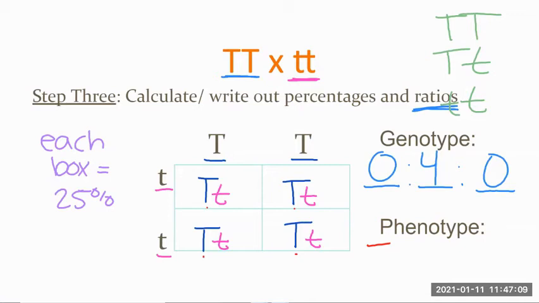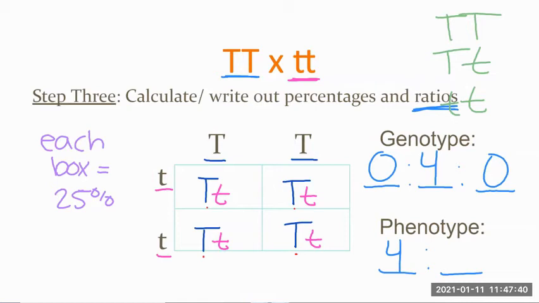Down here for the phenotype, we're looking at the two different phenotypes, which are tall and short. So we're going to compare the dominant phenotype to the recessive. I'm looking at my Punnett square. How many of my offspring are going to be tall? All four, because we see four different dominant alleles here.